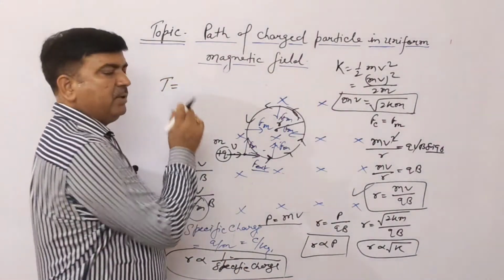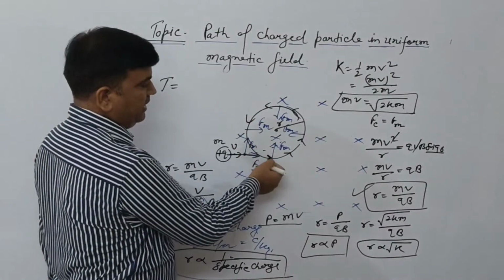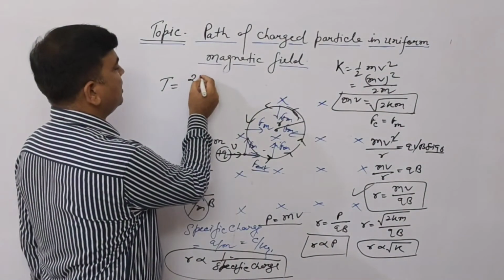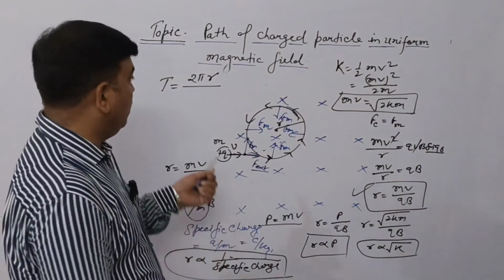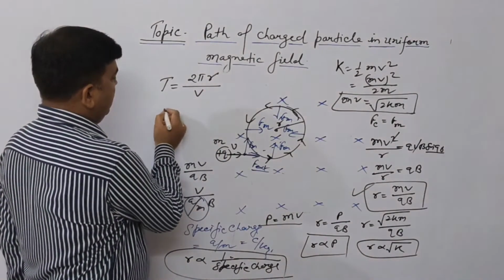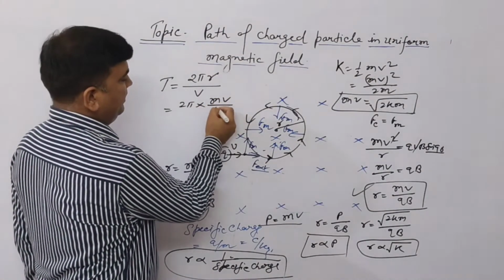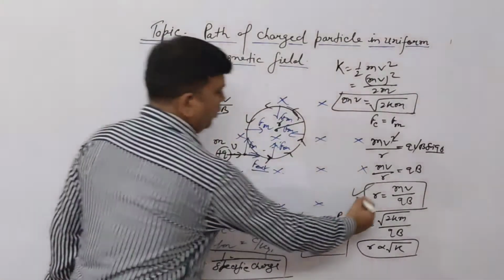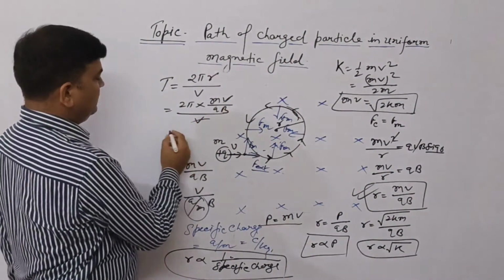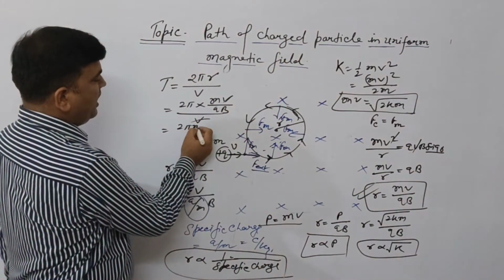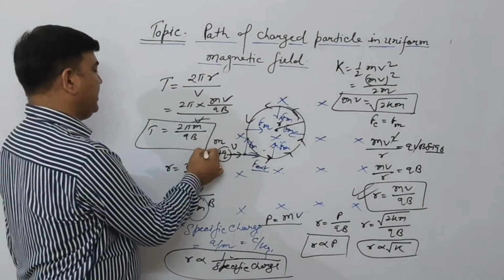Time equals distance upon speed, and the distance covered by the charged particle in one revolution is equal to the circumference of the circular path, 2 pi r. And the speed is v. Now put the value of r equal to mv by qB, and v cancels. It is equal to 2 pi m by qB. It is the formula of the time period.